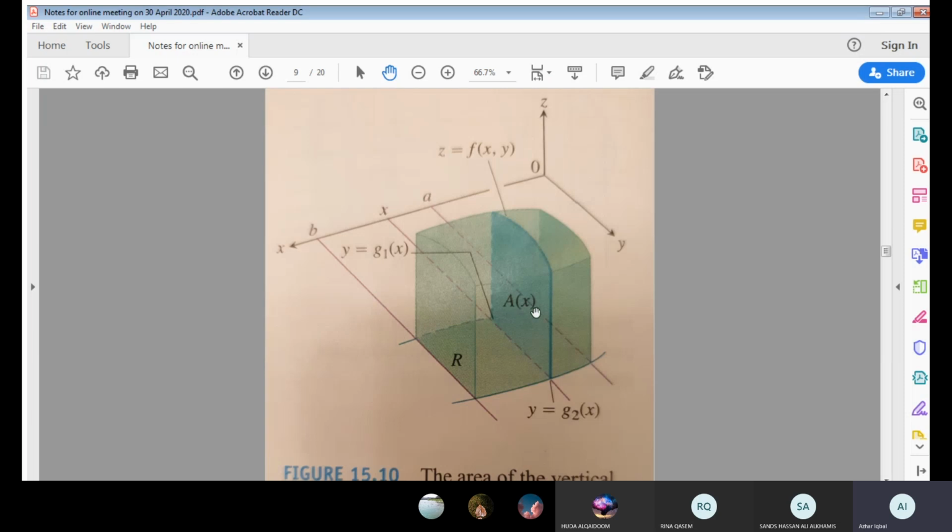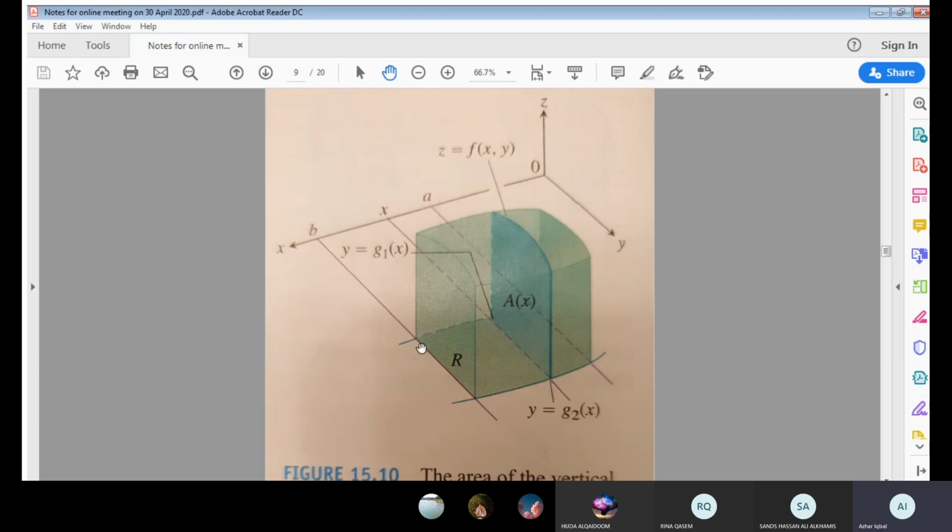These curves are located in the xy plane, and this curve is y is equal to g1 of x, whereas this curve is y is equal to g2 of x. And this line here is x is equal to a. So the region is bounded above by y is equal to g2 of x and bounded below by y is equal to g1 of x.